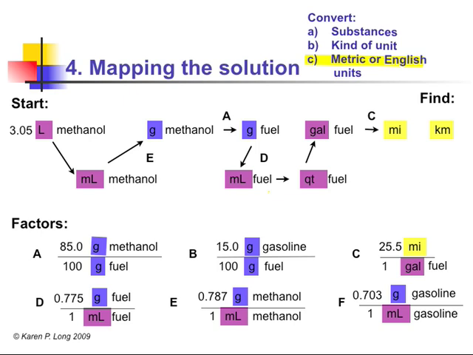It depends on what factors you know or are given in your problem. The last one would be miles to kilometers, which would either again be given to you or you might have had to memorize that one. So here we have completed the map, and now we'll go on to doing the solution setup for the problem.